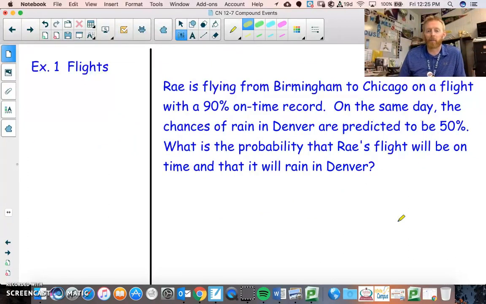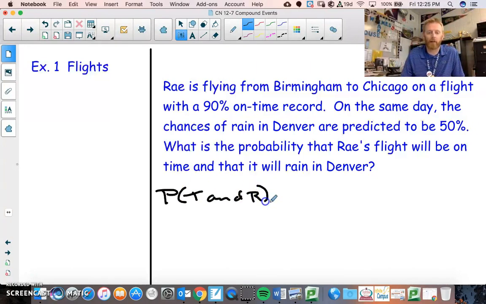Ray is flying from Birmingham to Chicago on a flight with a 90% on-time record. And on that same day, the chances of rain in Denver are predicted to be 50%. So what's the probability that Ray's flight will be on time and that it will rain in Denver? So the probability of on time and rain.